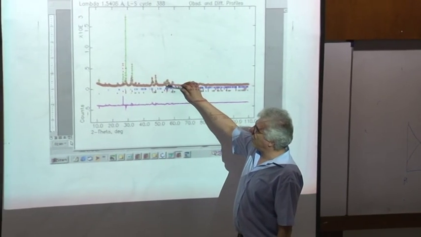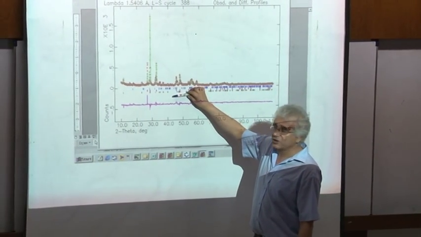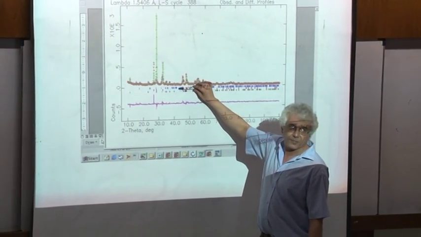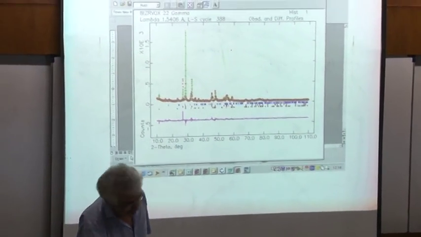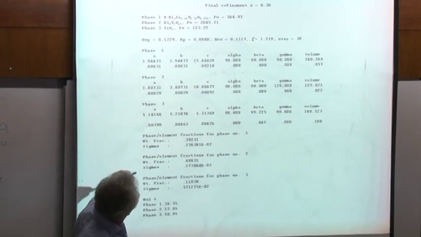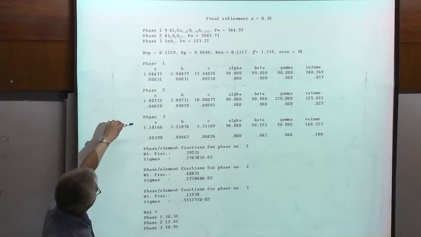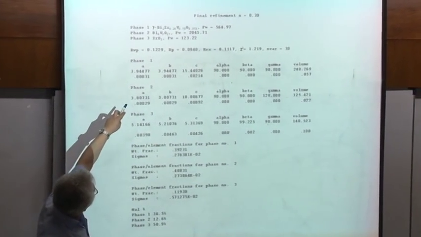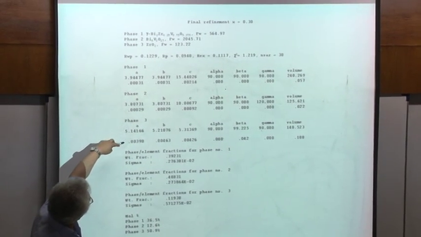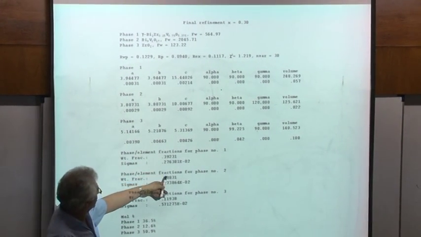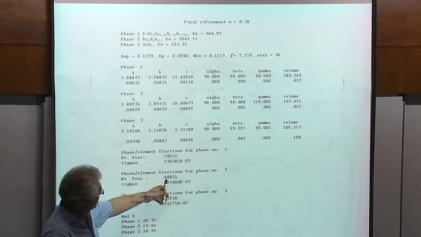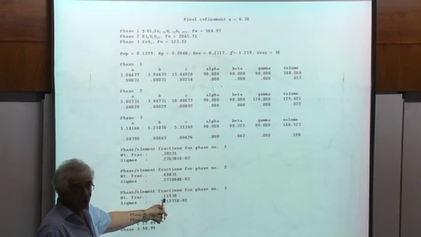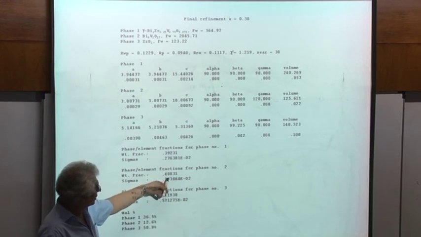So we're looking for the alpha, beta, and gamma polymorphs, and you're able to separate this out quite nicely. And you can see you'll get phase fractions for each of those polymorphs. So there's phase 1, phase 2, phase 3, and here's your phase fraction. So the weight fraction here is 39%, 48%, and around 12%, with an error on each of those.